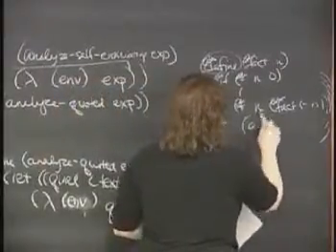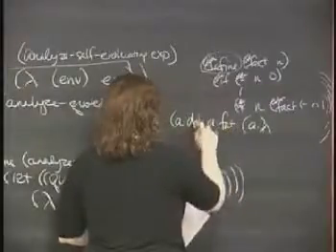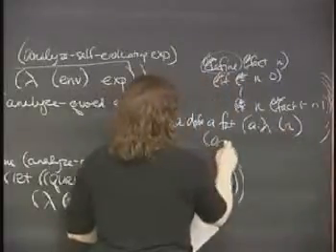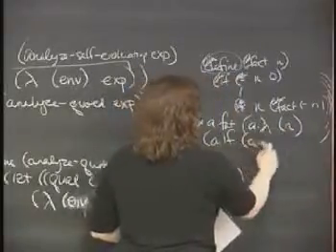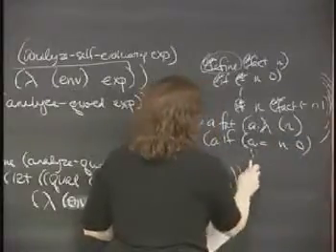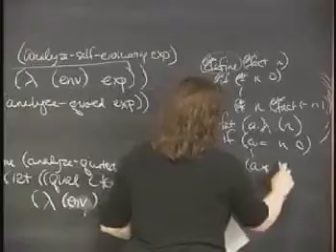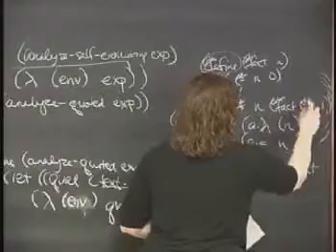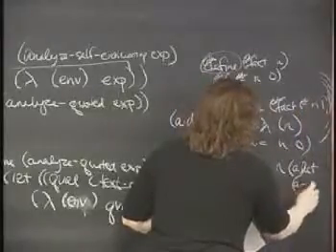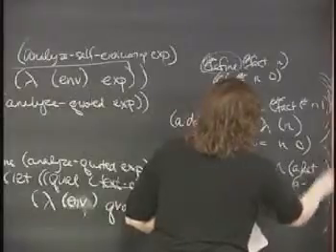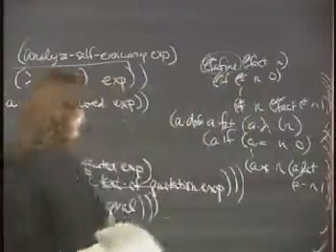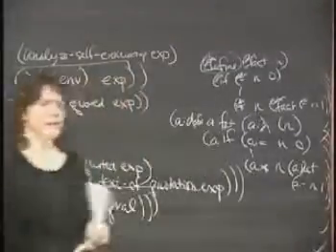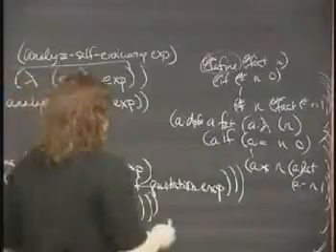Define ADU fact to be the ADU lambda of n, ADU if, ADU equals n 0, 1, ADU times, and ADU fact, and this is ADU minus, by the way. ADU minus, and 1. Some number of parentheses.